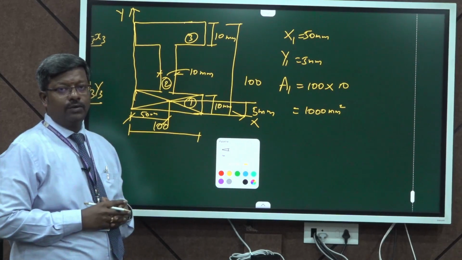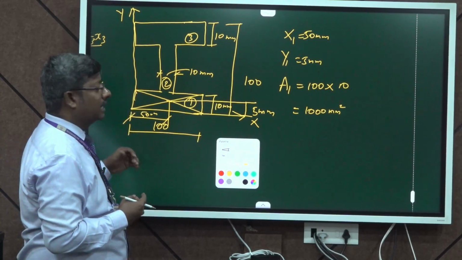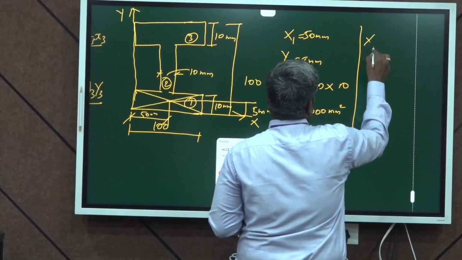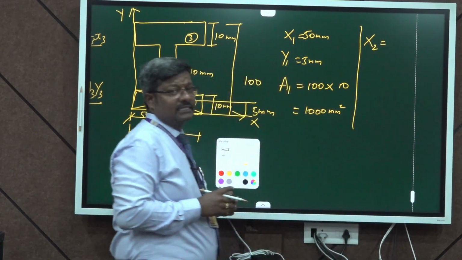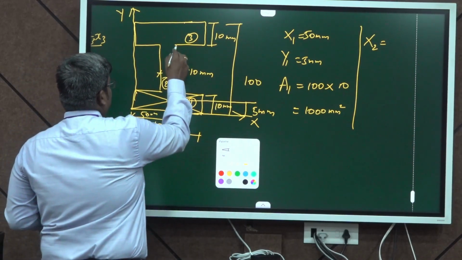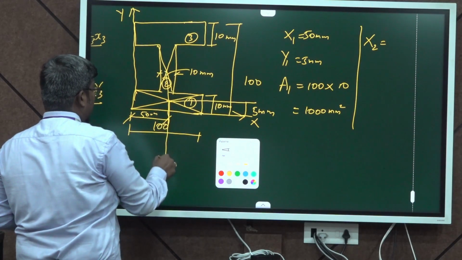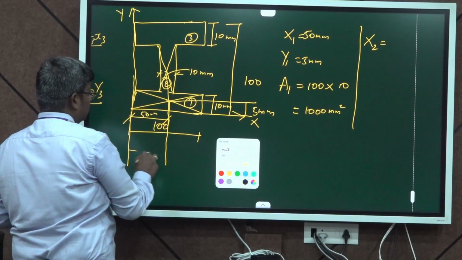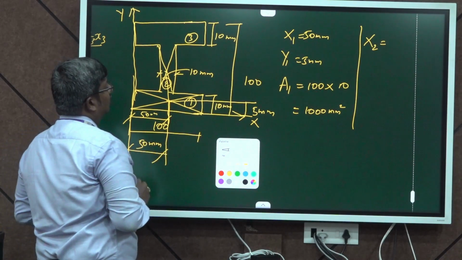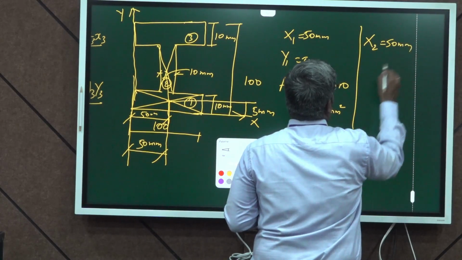Now, I am going to find the center of gravity of the second portion and also its area. The center of gravity of the second portion about the x axis is denoted as x2. This will be from the center to the reference axis y, so it will be the same as the first portion, 50 mm. So, x2 is 50 mm.